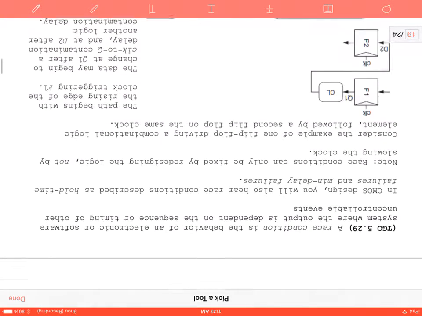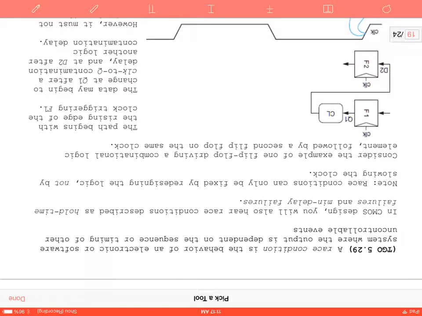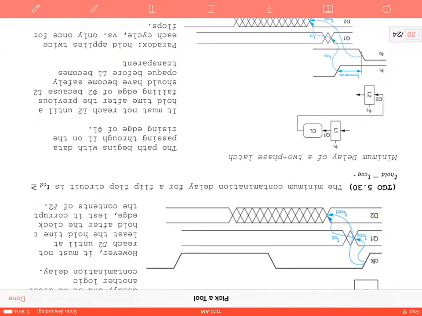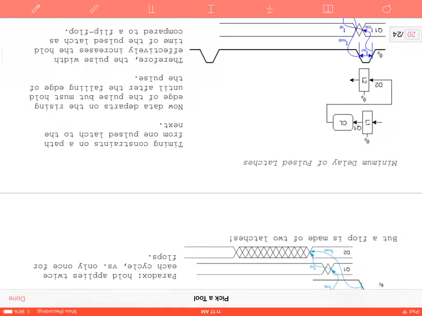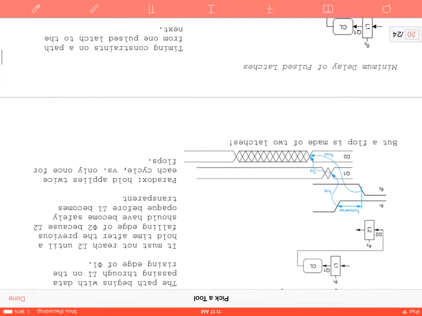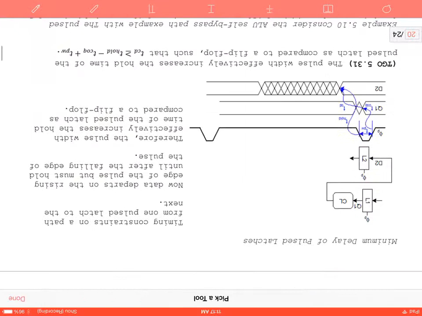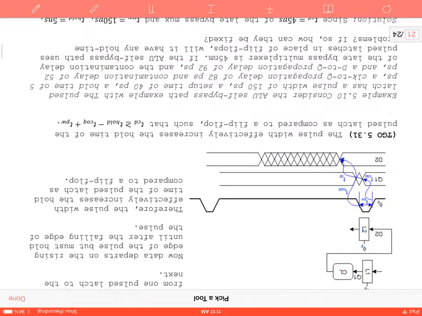And then we have these minimum delay constraints. We talked about race conditions, which you should be familiar with by now. For the minimum delay of a flip-flop circuit, we calculated the equation again. We recall that flip-flops are made of two latches, so this required a latch, a combination of logic, and a second latch. From there, we were able to calculate the contamination delay and the pulse width.